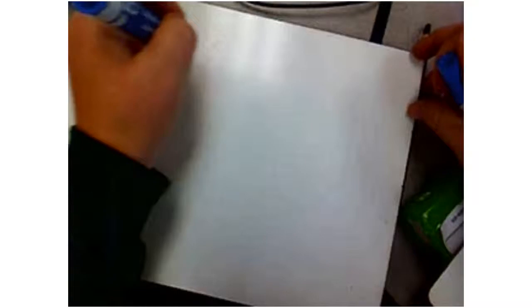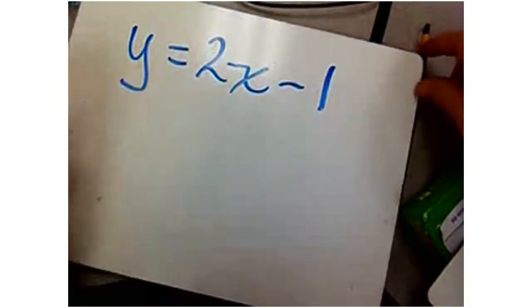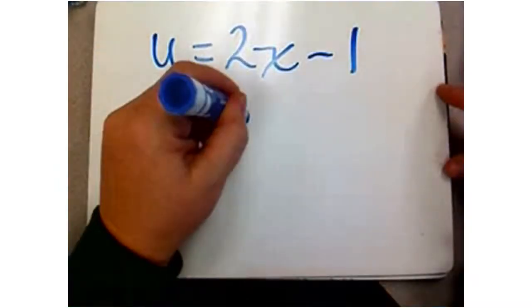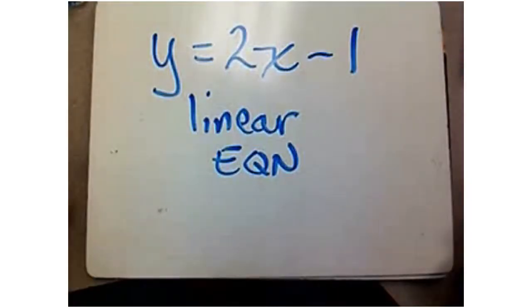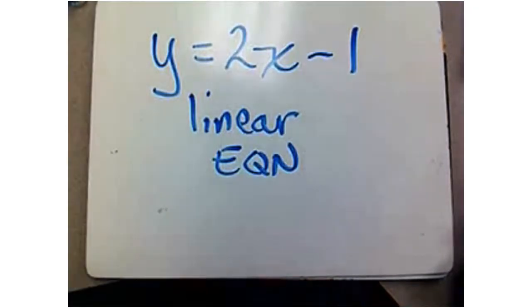Y equals 2x minus 1 is called a linear equation. That just means it makes a line, right? And it says it's a graph that's a straight line, and we can substitute in different values for x in the equation and solve it for the corresponding values of y, and they do that in a table.